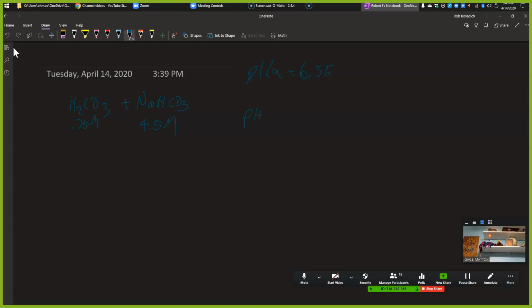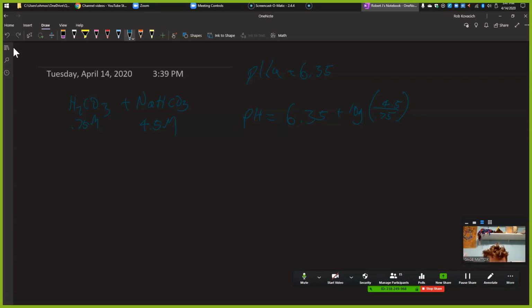So pH is equal to pKa, which is 6.35, plus log of, why am I putting 4.5 in the numerator? Because 4.5 is to the salt, and then 0.75 is to the acid.